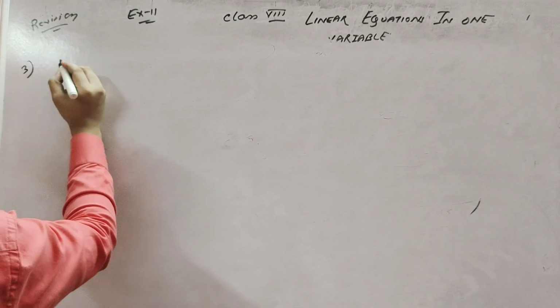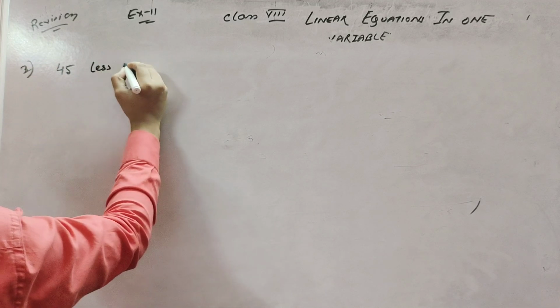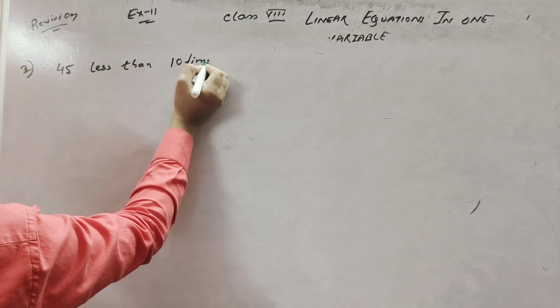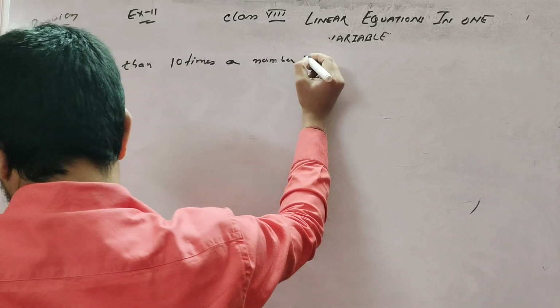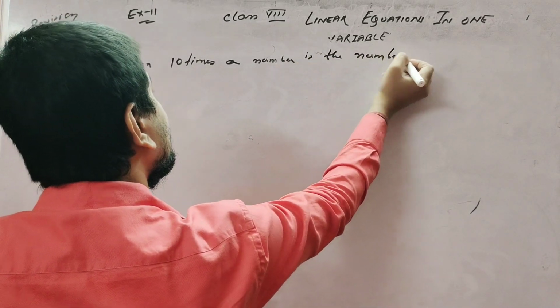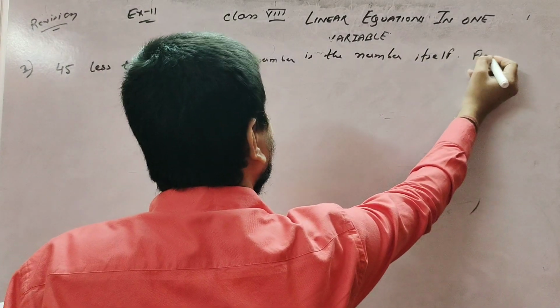Question number 3. Suppose 45 less than 10 times a number is the number itself. Find the number. Very interesting question.